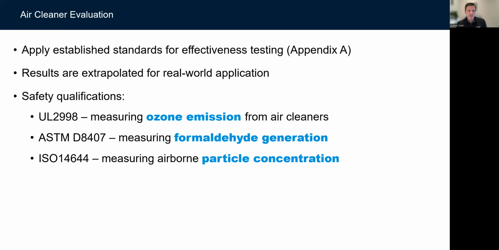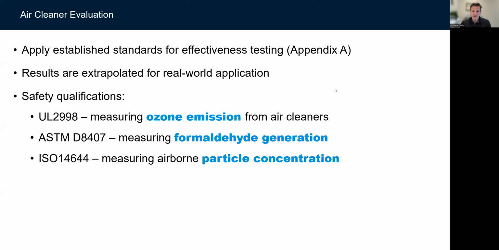And then ISO 14644 is for particle concentration measurement. So we'll get into these in more detail, but just understand that there's effectiveness and safety that are tested in the same application. And that safety testing is looking at the critical byproducts that have been used to, I'd say, discredit or challenge air cleaners and their effectiveness in the past.